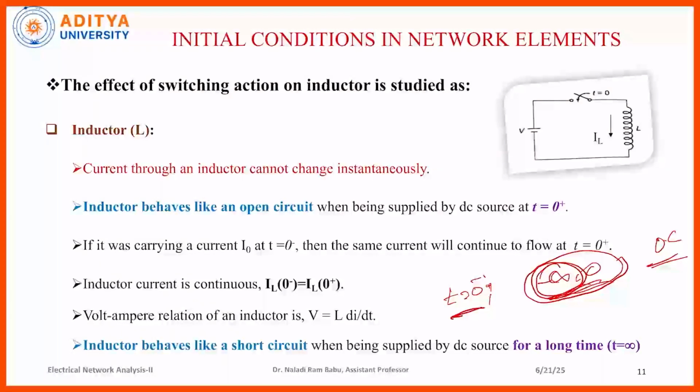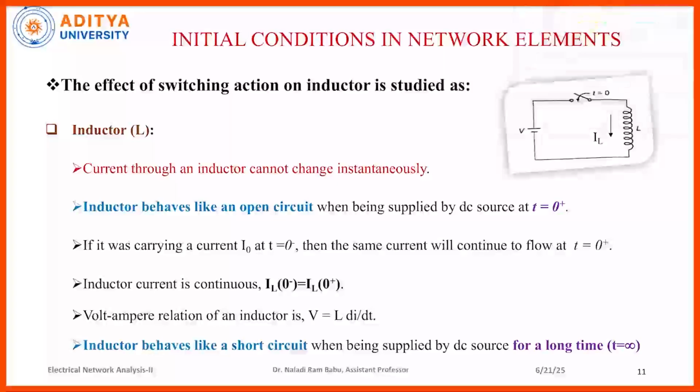Now coming to t equal to 0 plus, at that instant the switch is closed, some amount of current will be flowing through it. But as per the initial value condition for the inductor, IL of 0 plus is equal to IL of 0 minus.